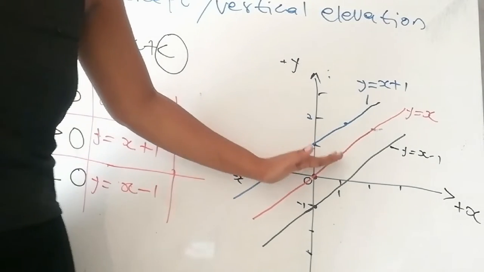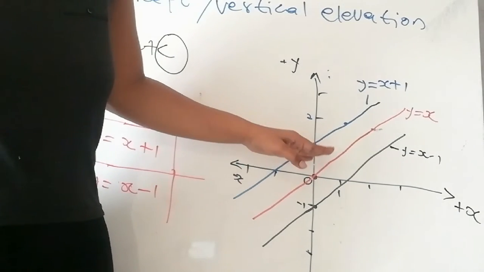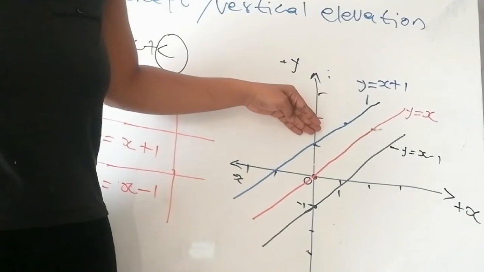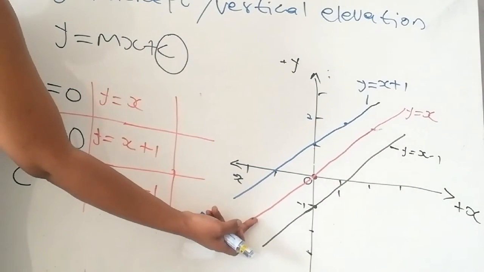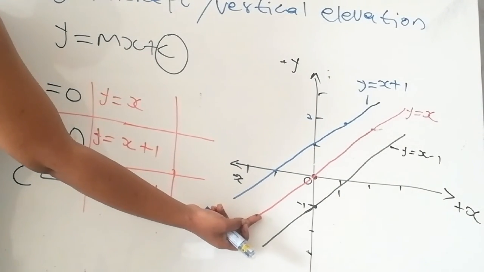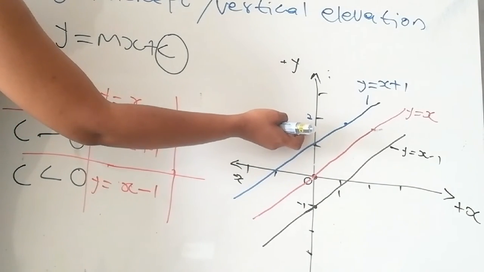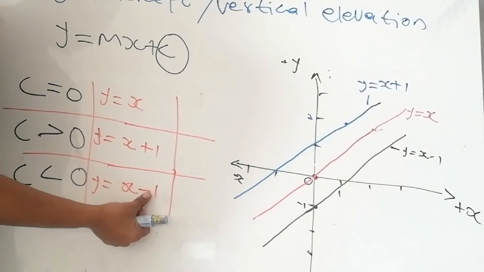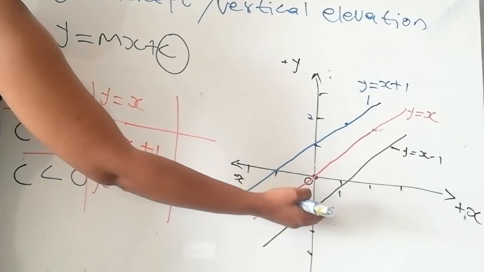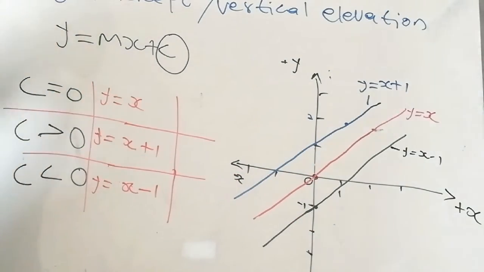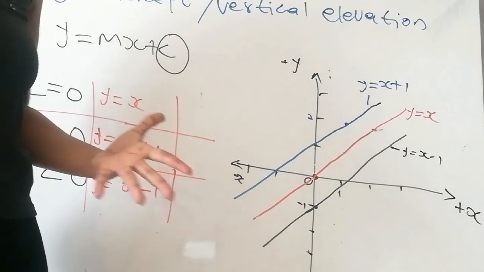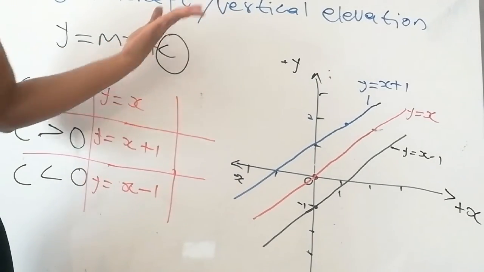So it's showing you that if this was the graph, the moment I say plus 1, it moves a step above the origin, and the moment I say minus 1, it moves a step below the origin. That is what we mean when we talk about the vertical elevation of the graph.